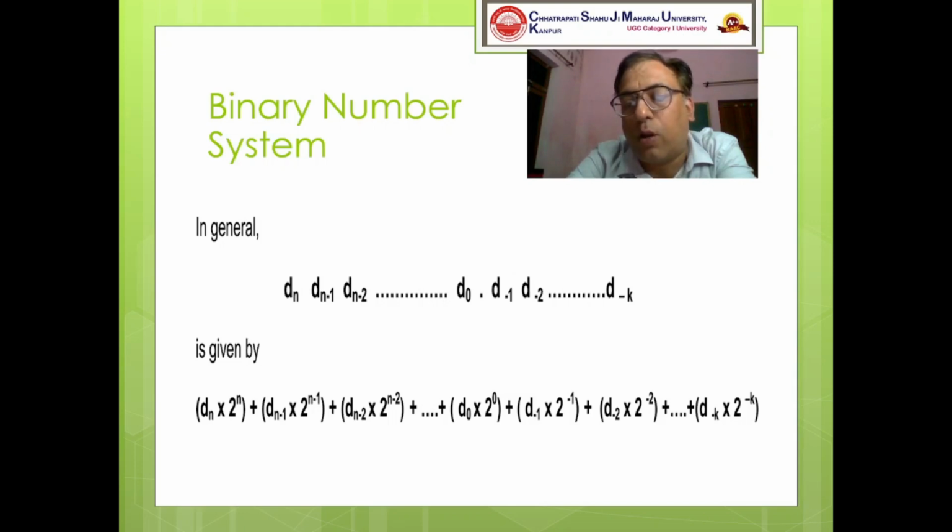And below the radix point, it will be d(-1) into 2 to the power of minus 1, d(-2) into 2 to the power minus 2, d(-k) into 2 to the power minus k, and so on.